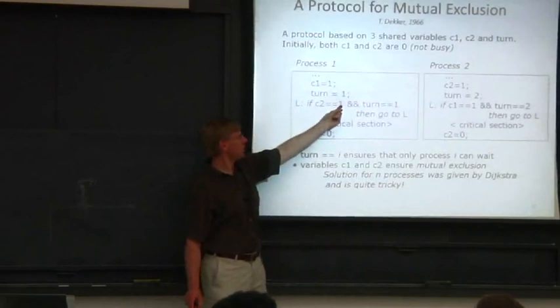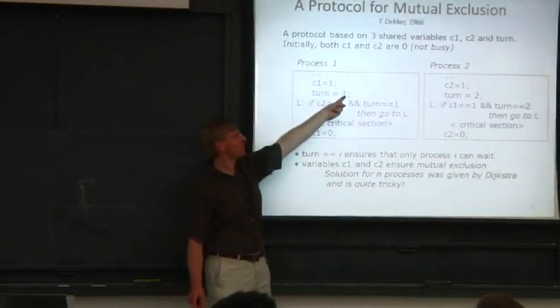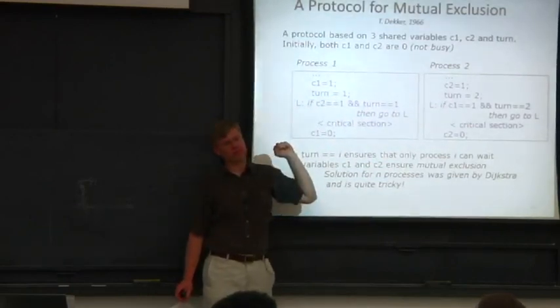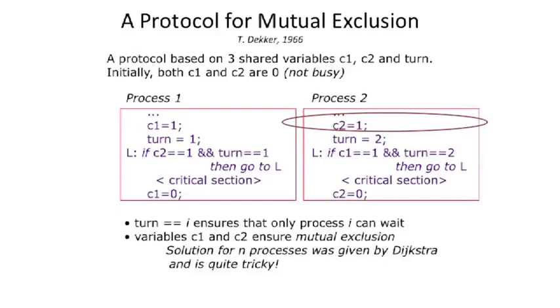OK, so C2 set to 1, and turn gets set to 1. That's going to block process 2 from entering at this point. Or rather, this being 1 and that being 1 is going to block it from executing.